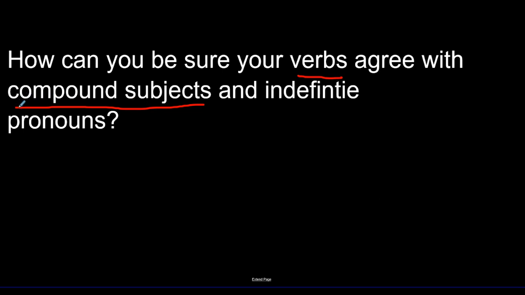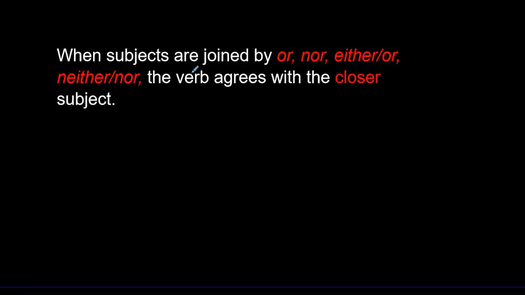To make sure that we know how to agree the verb with a compound subject, we have to keep in mind two rules. The first rule is that when subjects are joined by or, nor, either or, neither nor, then the verb agrees with the closer subject to it.